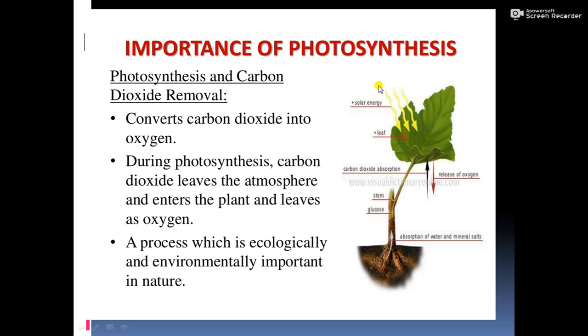Here we can see that carbon dioxide is coming into the leaves by stomata, and after the reaction, production of the glucose, it goes out to the atmosphere from the plant in the form of oxygen, a process which is ecologically and environmentally important in nature.